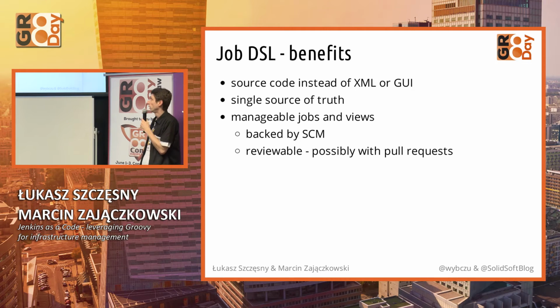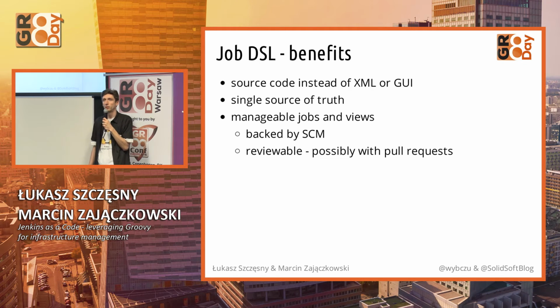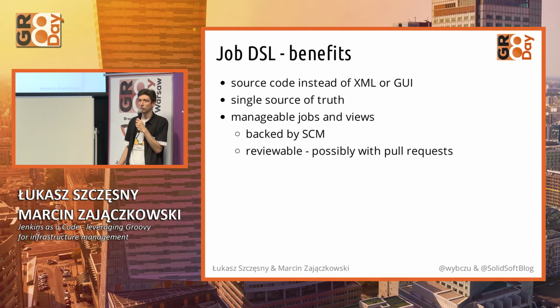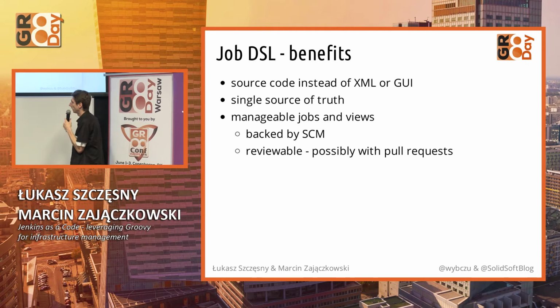Thanks to that, it opens the ability to use other techniques which we usually use in normal source code development, like code reviews or pull requests. This, in turn, contributes to higher Jenkins reliability.